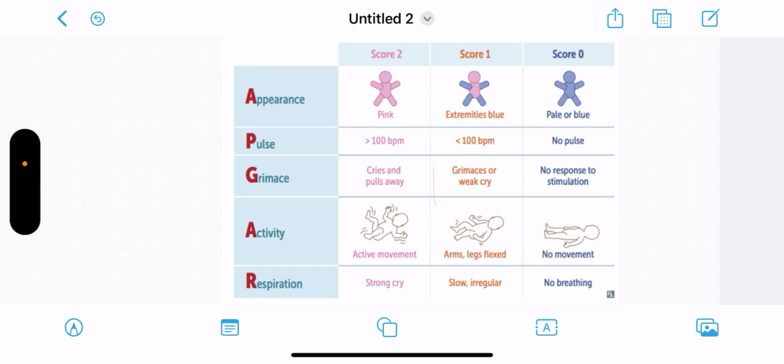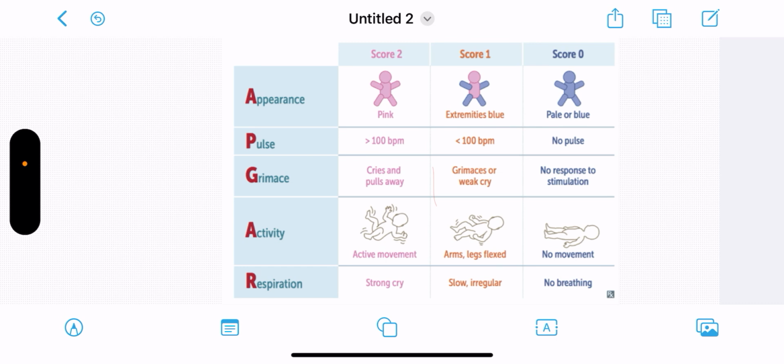Now, what is the score of 1? When the child's extremities are blue and the body is pink, that appearance is scored 1. When the heart rate is below 100, the score is 1. When you stimulate a child and the child just makes a weak cry or a fussy face, that is, when the child grimaces, it is scored as 1.